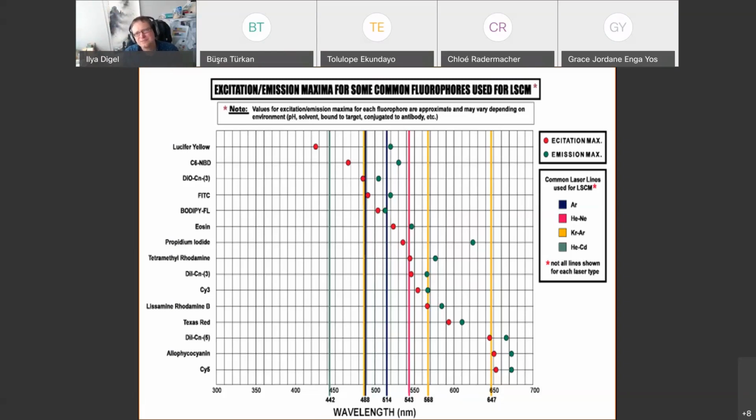On the other hand, laser light sources, and here you see some of them used in modern microscopy, argon-based system, helium neon laser, krypton argon laser, have two disadvantages, in my opinion. The first disadvantage is that once you have one laser system, mostly it uses one mode of laser production, which produces one single wavelength.